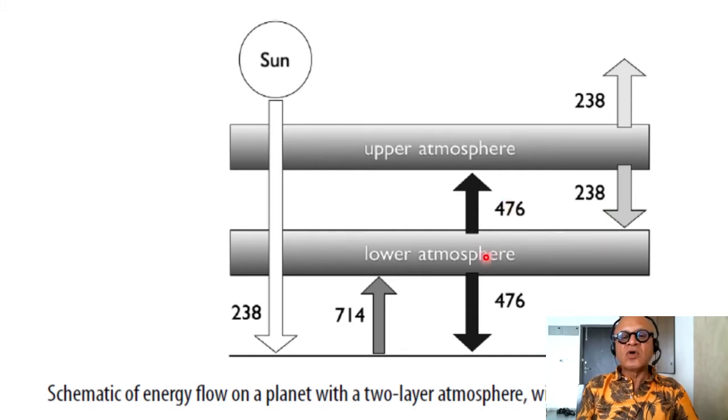But that's going to bounce 476 watts per meter squared downward as well, again with the simple blackbody radiation calculation. So now the surface is essentially receiving 238 plus 476, so it has 714 watts per meter squared to get rid of, which it is sending upward, out of which this is reaching a temperature to get rid of 476, and that is going to reach a temperature where it's going to emit 238.